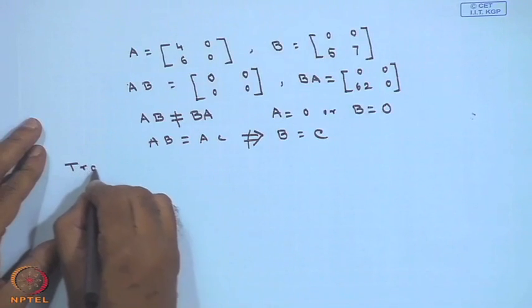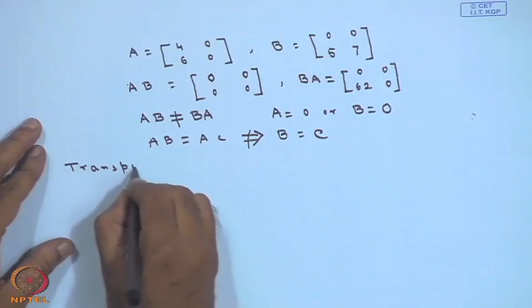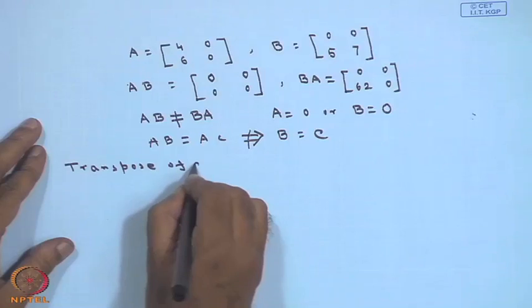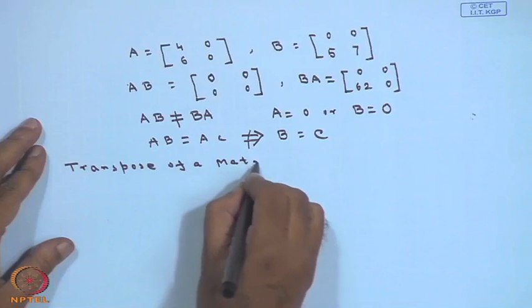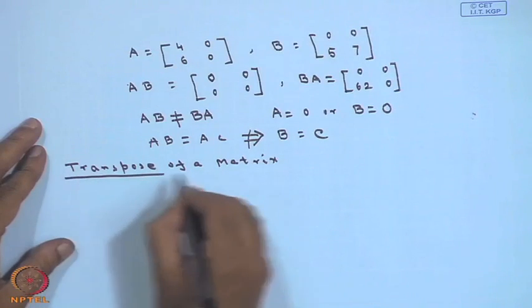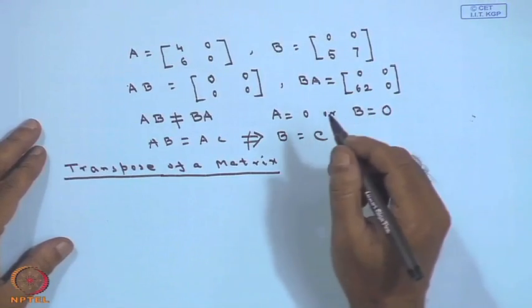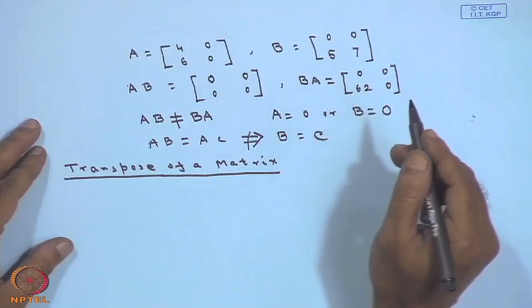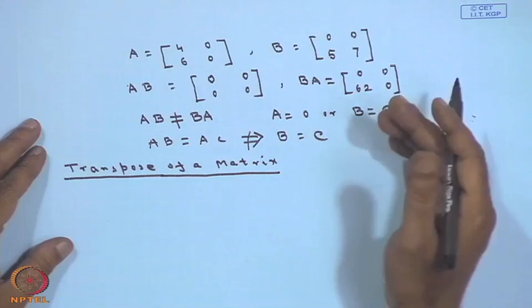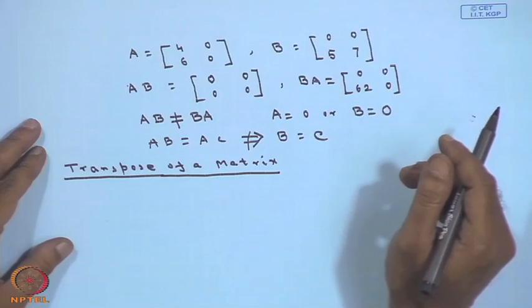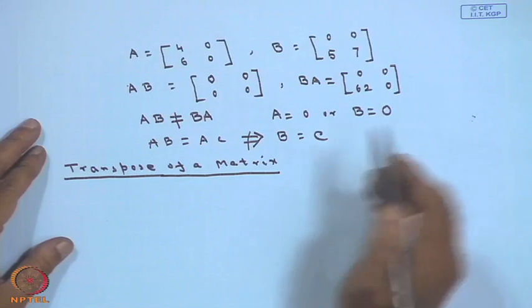The next one is transpose of a matrix. The transpose of a matrix is basically when you are interchanging the rows and columns of a matrix, and the resultant matrix we call the transpose of the matrix.